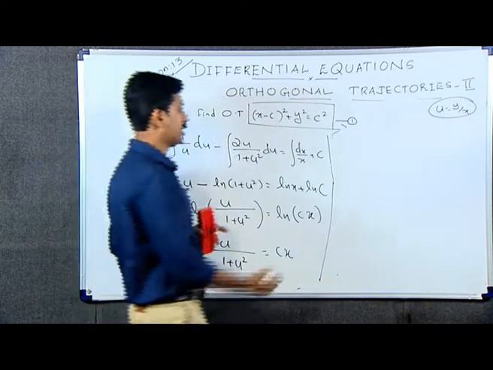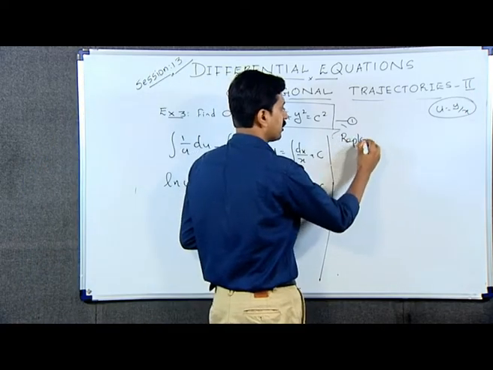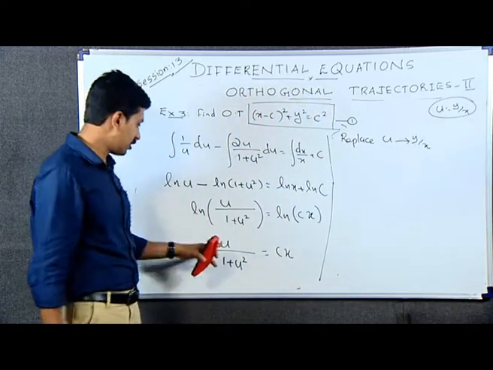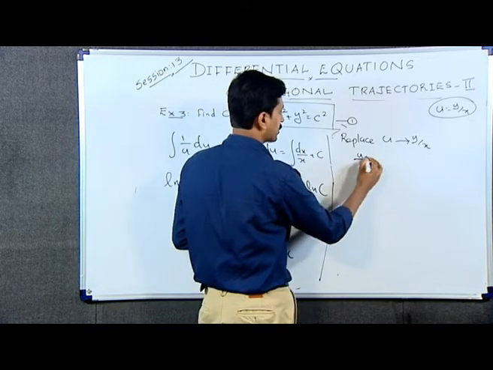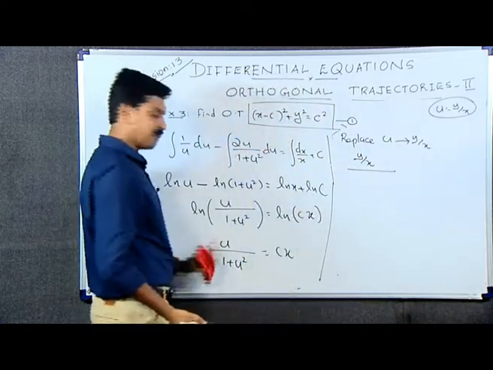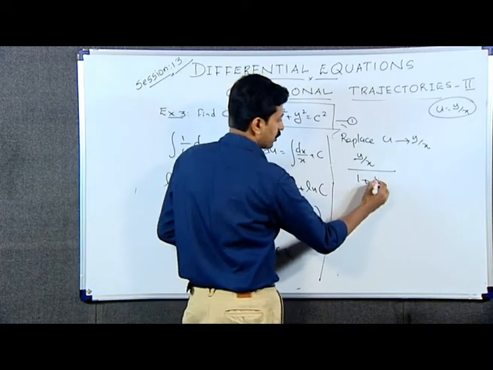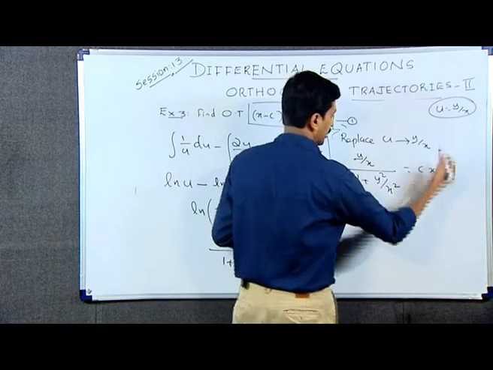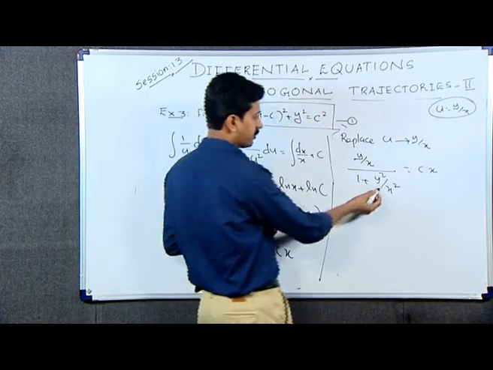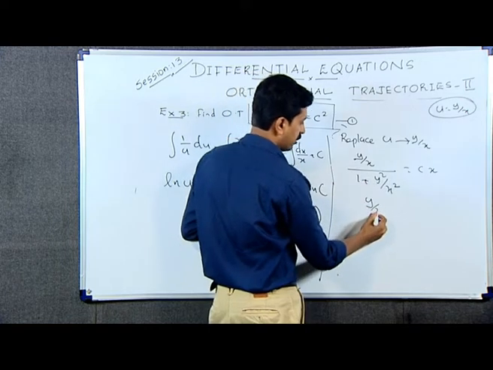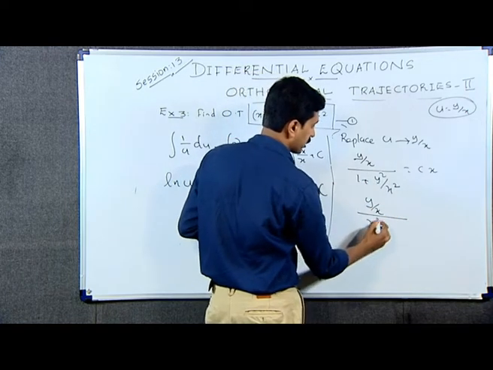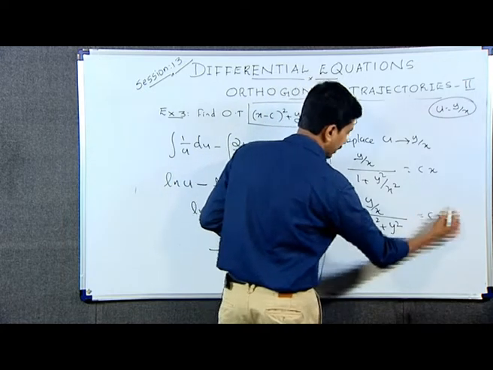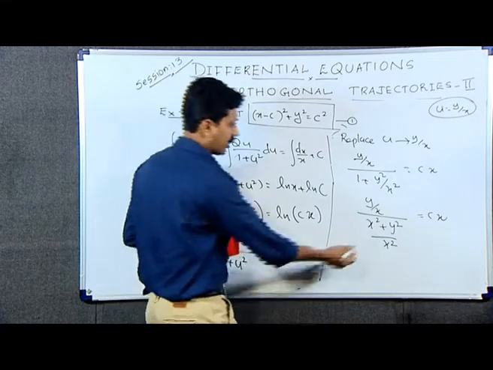So we replace u by y by x. What will happen? This is y by x divided by 1 plus y square by x square, equal to cx. So we will have y by x divided by, taking x square as common denominator, x square plus y square by x square, equal to cx.